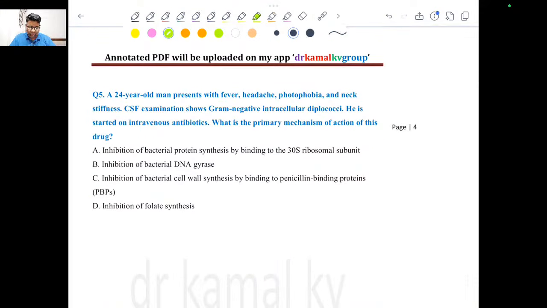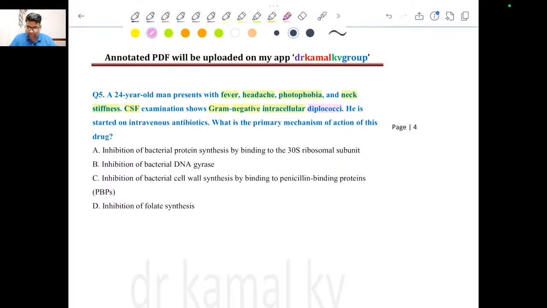Next question: a young male presents with fever, headache, photophobia, and neck stiffness. CSF examination shows gram-negative intracellular diplococci, and then he was started on some IV antibiotics.